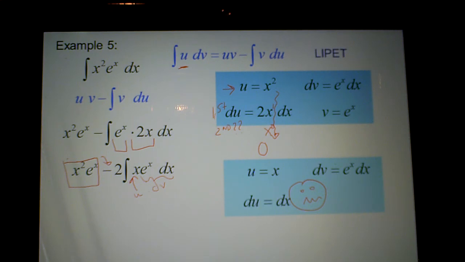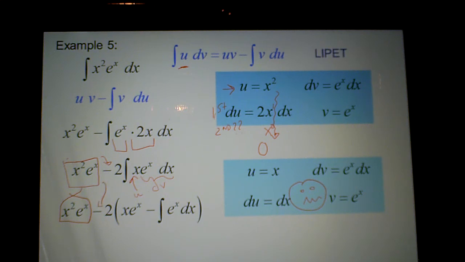Differentiate x and get dx. Anti-differentiate e to the x, still get e to the x. This just stays.